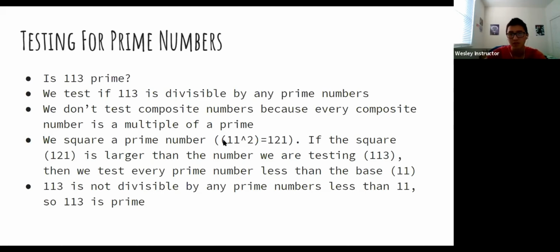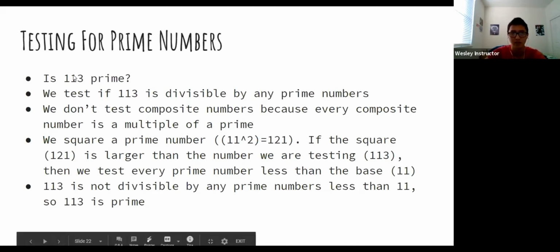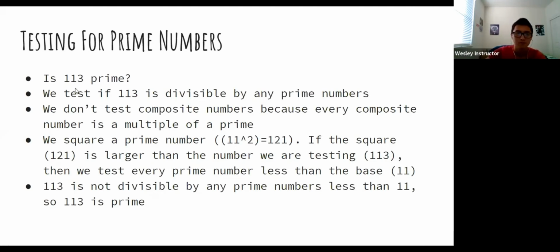But we don't need to, because 11 times 11 is 121, and that's already bigger than 113. That's the smallest possible number you can get if you multiply by any numbers greater than 10. So if you multiply 11 times 13, it's still going to be greater than 113. So it's not going to work.